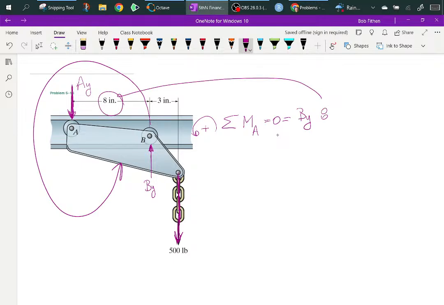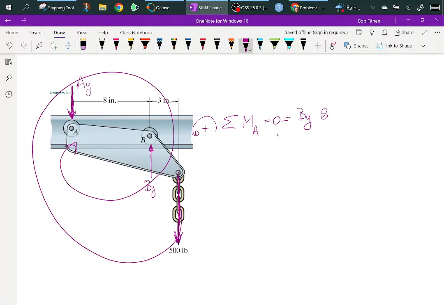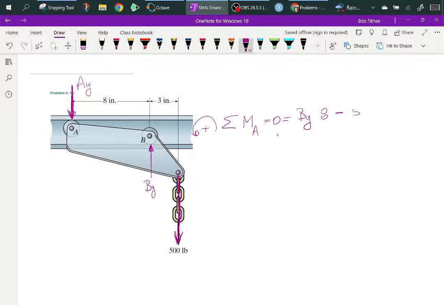Then the next one is the 500 pounds goes this way, opposite direction of positive, and it is 500 pounds, and it's 8, 9, 10, 11.